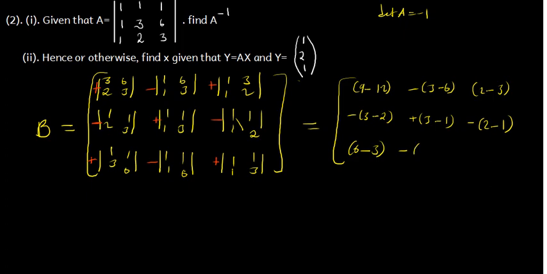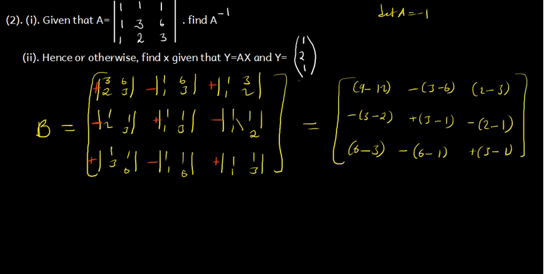Then 1 by 6 again, that is a 6, minus 1 by 1, which is a 1. And then 1 by 3, that is a 3, minus 1 by 1, that is a 1.